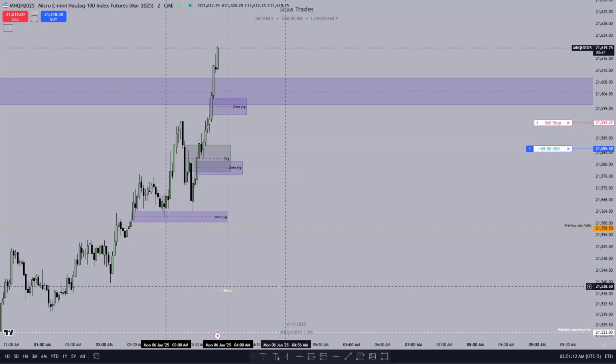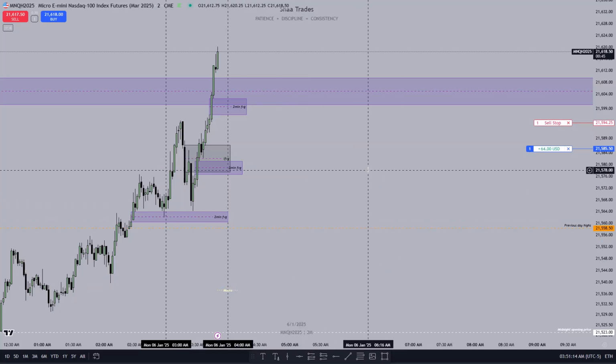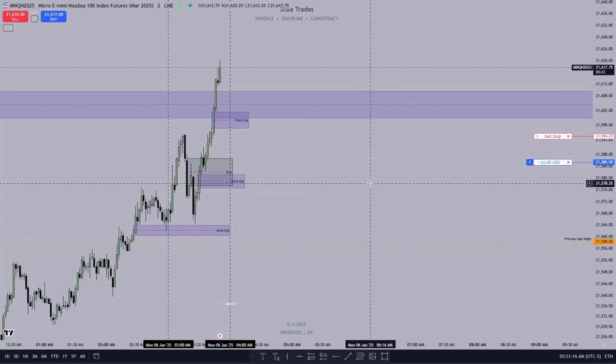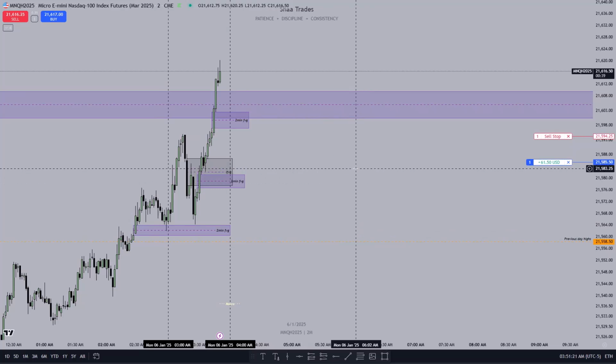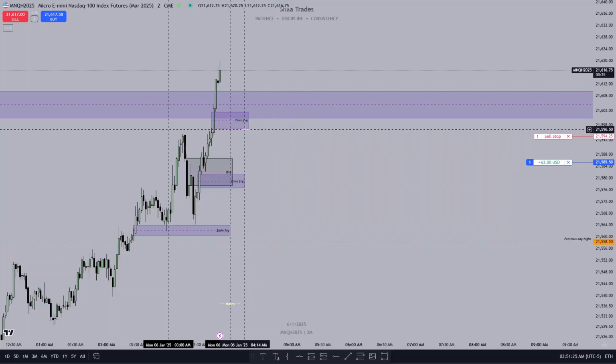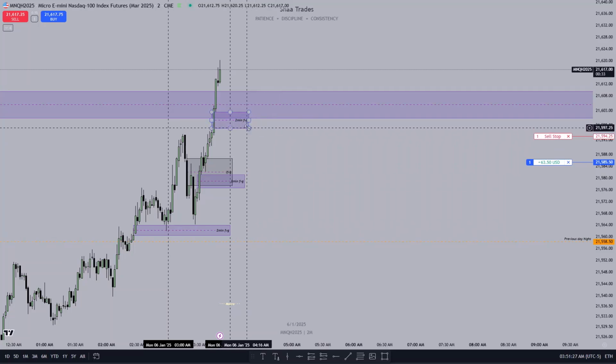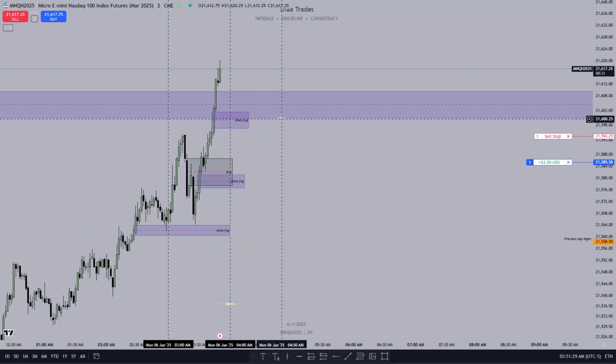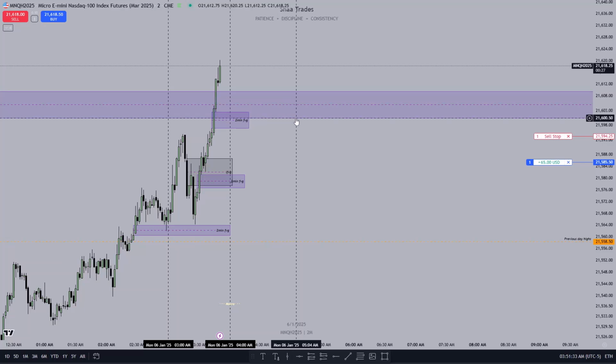And right now we're in the macro, 3:50 to 4:10. I want to treat this as a breakaway gap. I want to see this treated as a breakaway gap, and then stop loss could be moved beneath this inversion.